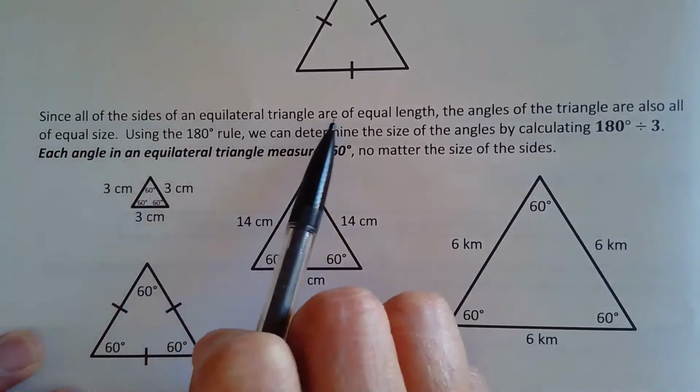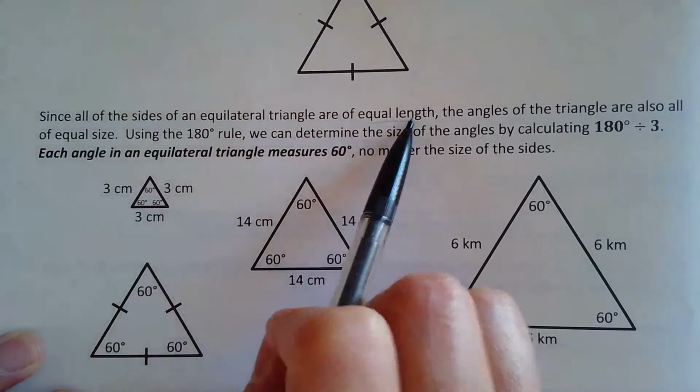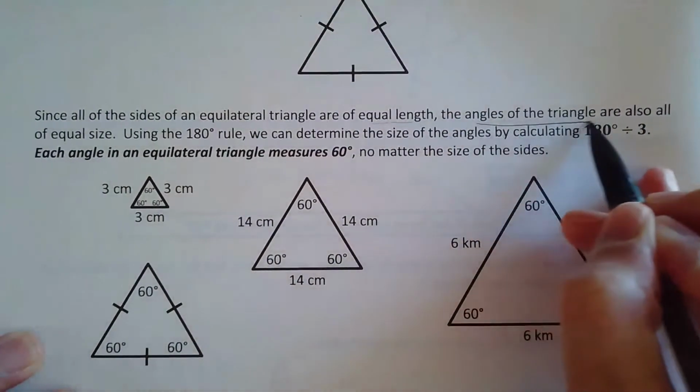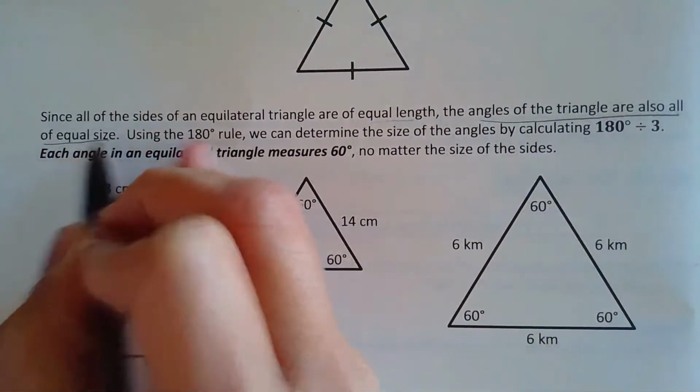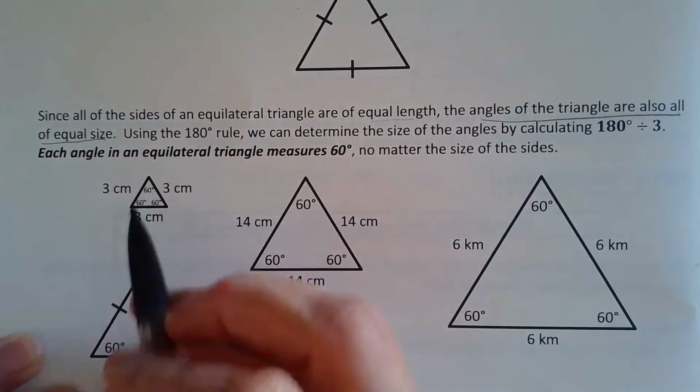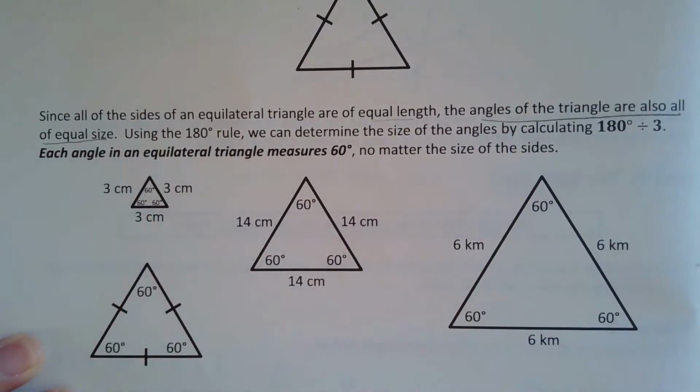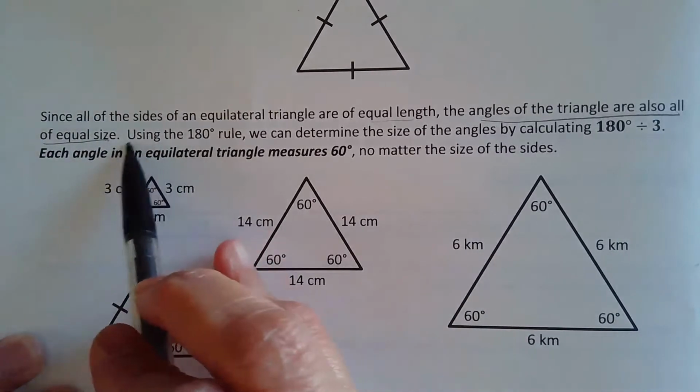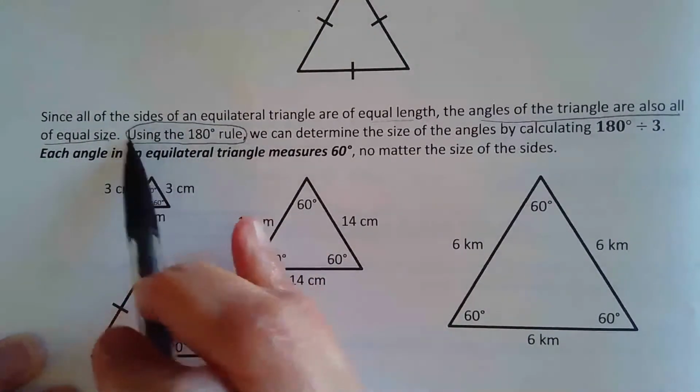Now here, another thing about the equilateral, besides the fact that they have equal sides: all equilateral triangles have equal side lengths, and the angles are also all equal in size. So what does that mean? Well, it still has to follow the 180-degree rule.